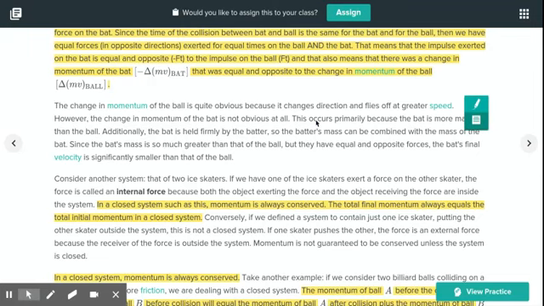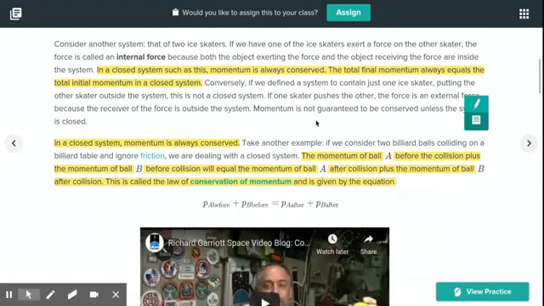If one skater pushes the other, the force is an external force because the receiver of the force is outside the system. So momentum is not guaranteed to be conserved unless the system is closed. Basically, remember, they are only conserved when it's closed. So in a closed system, momentum is always conserved.